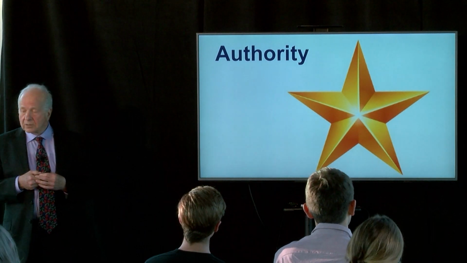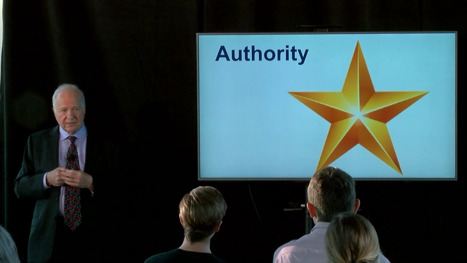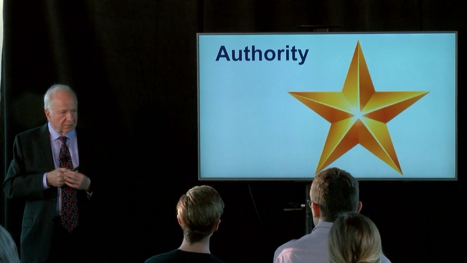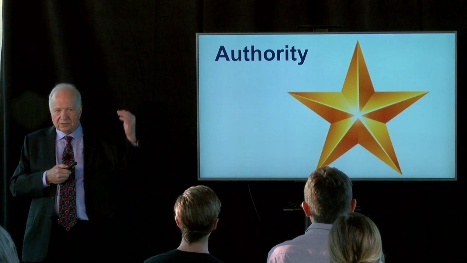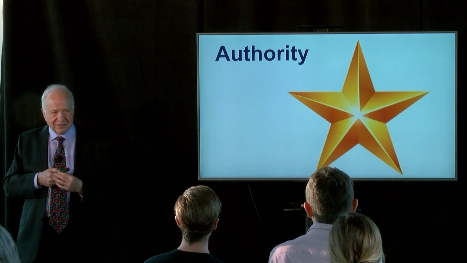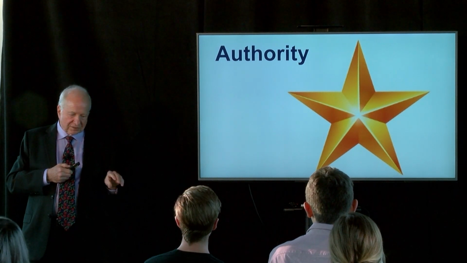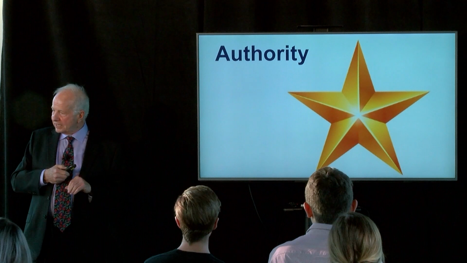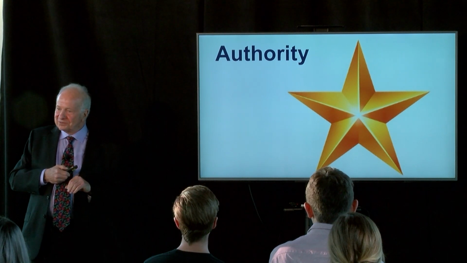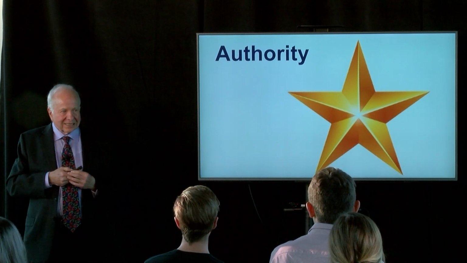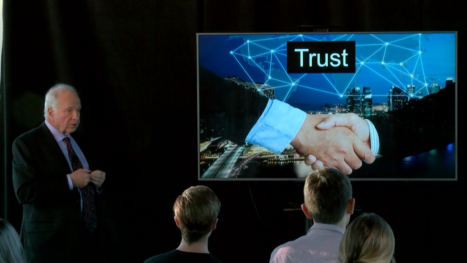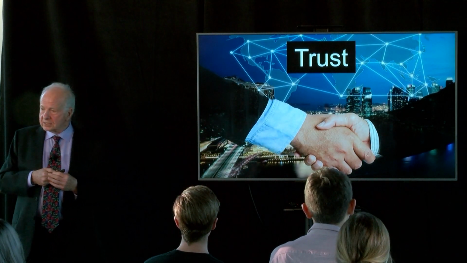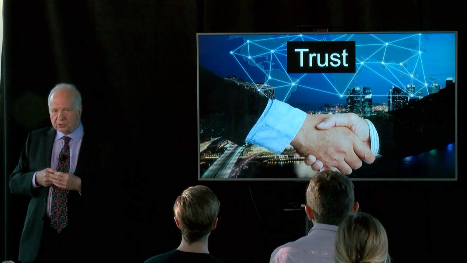Now, to make any system, you have to put an authority structure on top of it. Who's in charge of the major definitions? Who's in charge of the schema of the University of Florida? And then you get down to some little level where you've got control of your concepts. So you have to have an authority structure. Then you also have to have a trust mechanism so that people can do transactions.